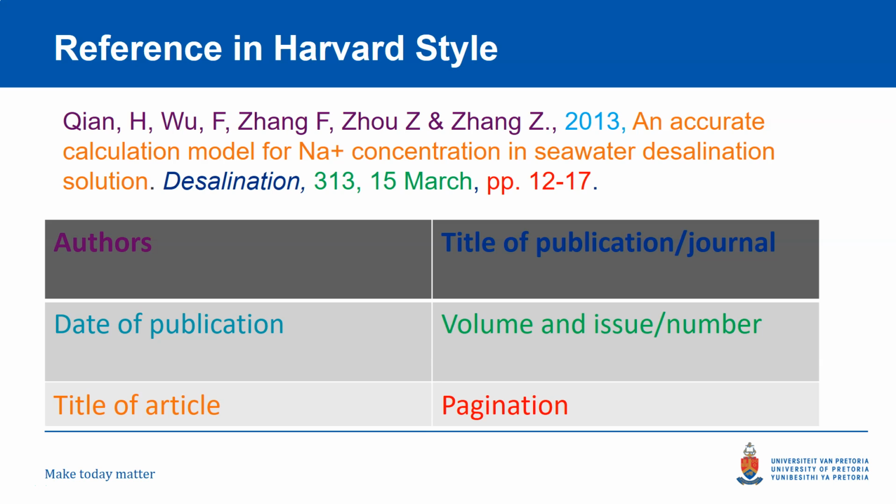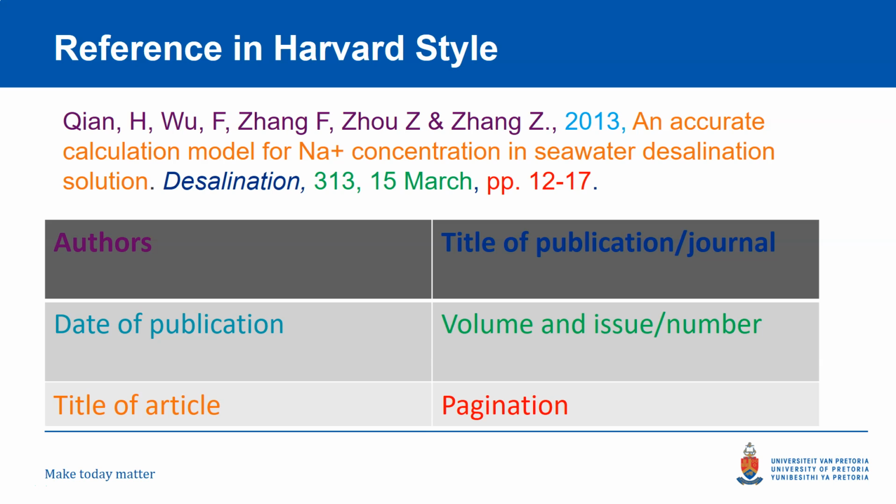The reason for including the page numbers and the issue number is that, like I explained now, a specific year has a volume number, so 311. And if you don't put in the issue number, you might find that if there's 12 volumes, no one would be willing to go through all 12 volumes to locate the specific article.